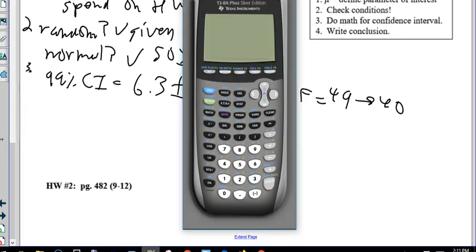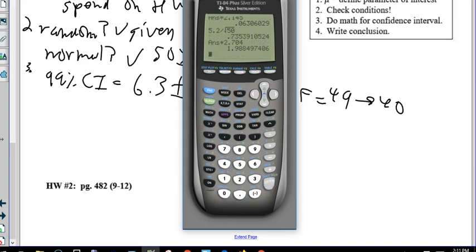So we take our calculator, 5.2 divided by the square root of 50. Enter. We're going to multiply that by 2.704, which we got off the chart.